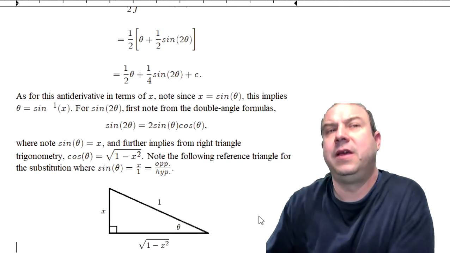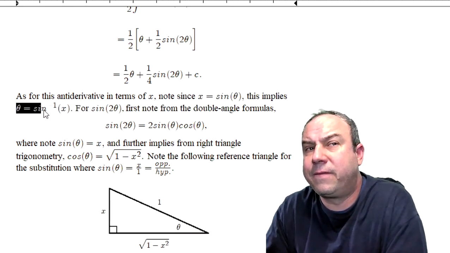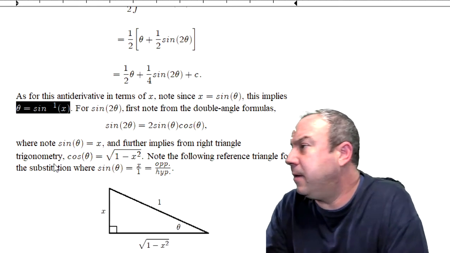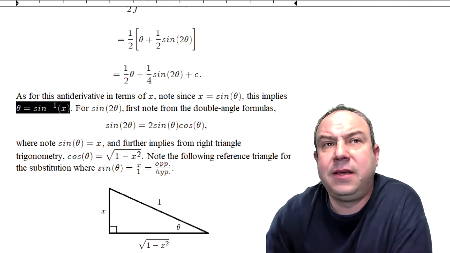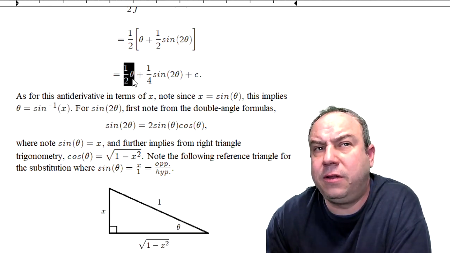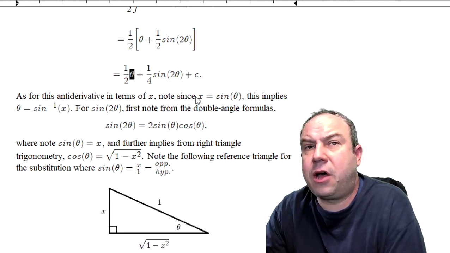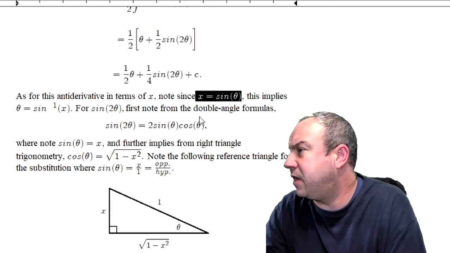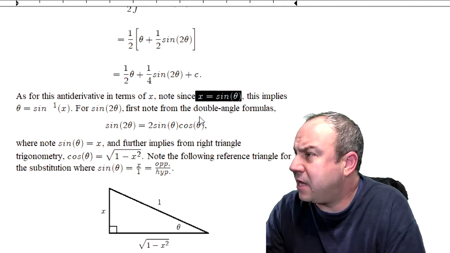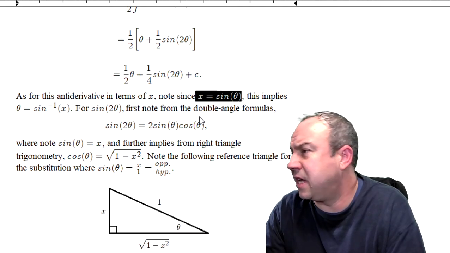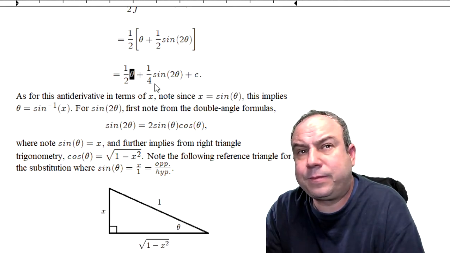In terms of x, since x equals sine theta, that will imply that theta will be the sine inverse of x. To solve for theta, I'd have to solve x equals sine theta for theta, and I do that by using the inverse sine function. Apply that to both sides, I end up finding theta is equal to the sine inverse of x. So that is going to be substituted in here for theta.